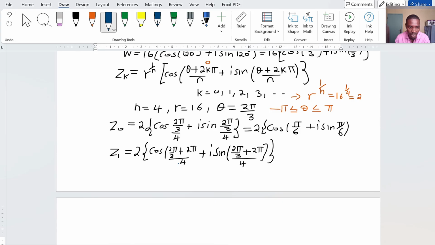So let's work out this part. Now you have 2 pi over 3 plus 2 pi. So if you want them to be over 3 all, then we can have 6 pi over 3. So let me solve this part. So 2 pi over 3 plus 6 pi over 3. Remember, 6 pi over 3 is 2 pi. So when you solve this, you get 8 pi over 3. I think that is what you should get.